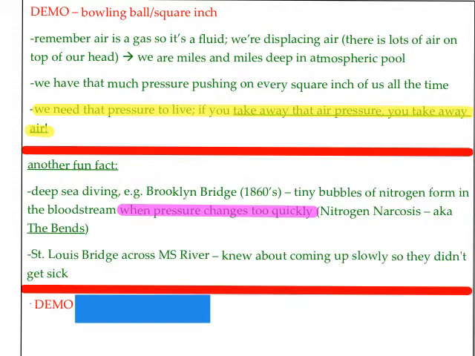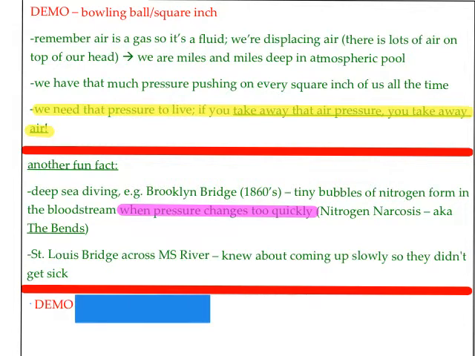I have another fun fact. In deep sea diving, or if you've ever known anybody or gone scuba diving, you may have heard about the bends. Well, when the Brooklyn Bridge was being built, they didn't really know that you should come up slowly and change your pressure at a really, really slow rate. Otherwise, if you change your pressure too quickly, you get tiny bubbles of nitrogen formed in your bloodstream.